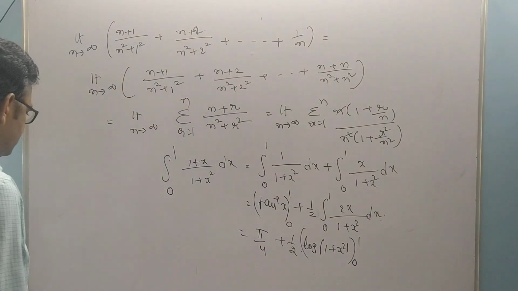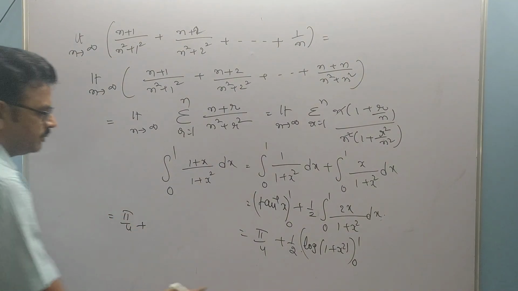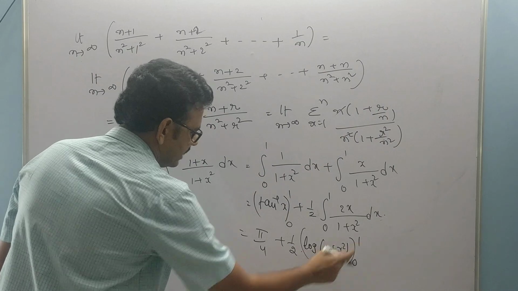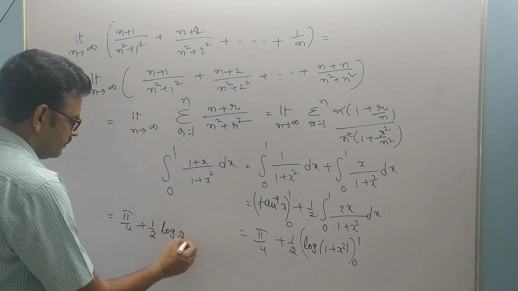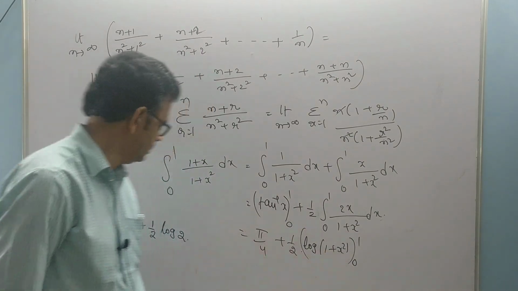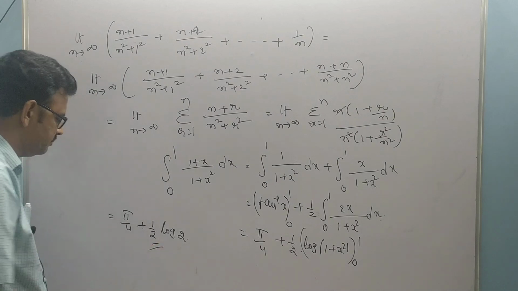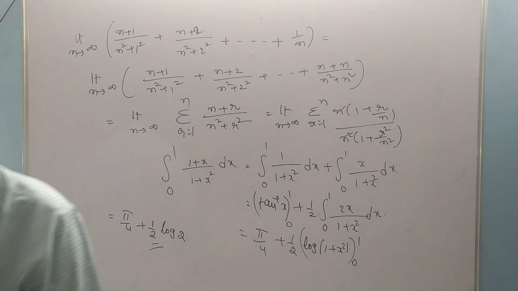Applying the limits, that is equal to pi by 4 plus 1 by 2 into log 2 minus log 1 which is 0, lower limit is 0. So the answer is pi by 4 plus 1 by 2 log 2.